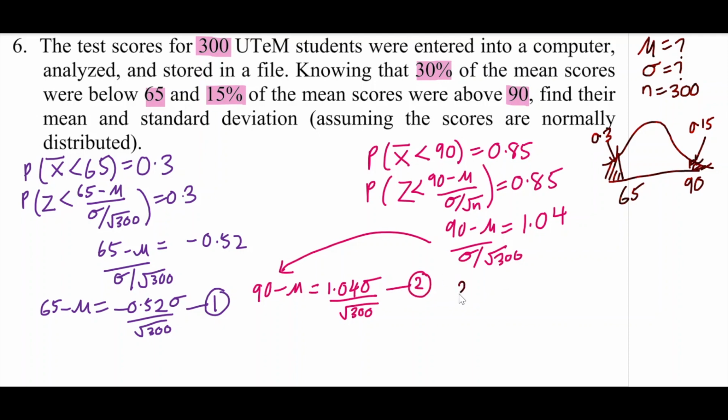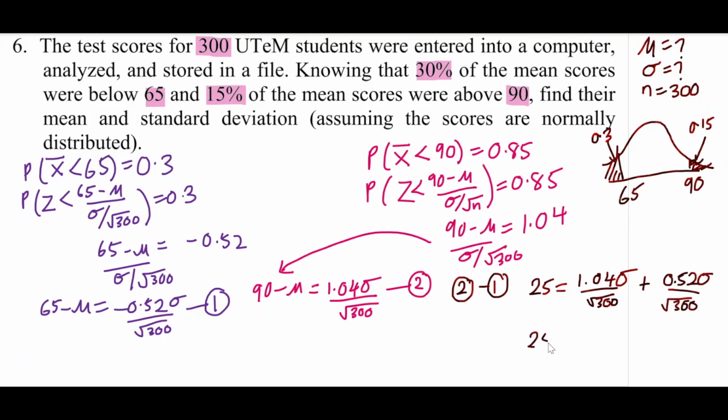Okay, so if I take the second equation minus the first equation, I would get 90 minus 65 as 25 equals to, negative mu plus mu is 0, 1.04 sigma over square root of 300 plus 0.52 sigma over square root of 300.